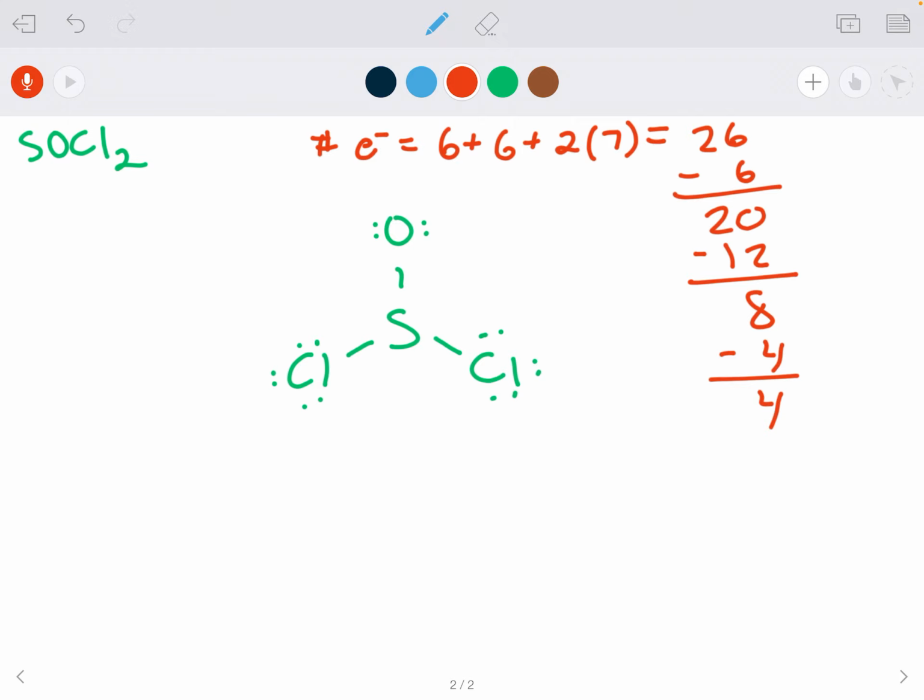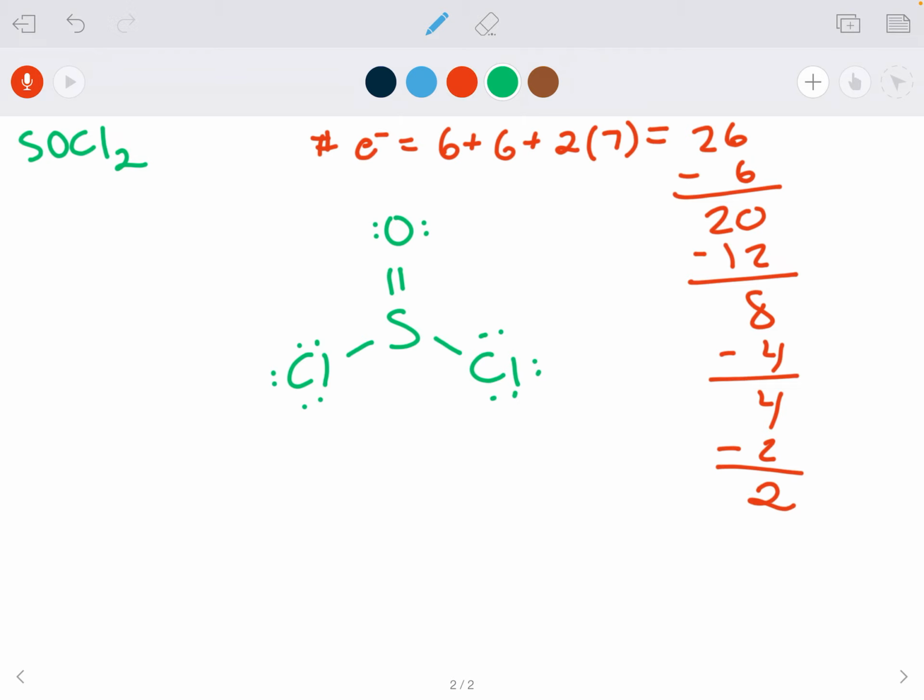The sulfur only has 3 bonds to it right now. It needs to get that 4th bond. So if I put in a bond there, I now have a double bond. Another 2 electrons, that leaves me with 2 left. Okay. So SOCl2, it has an overall charge of 0, meaning that the sum of the formal charges also need to be 0.